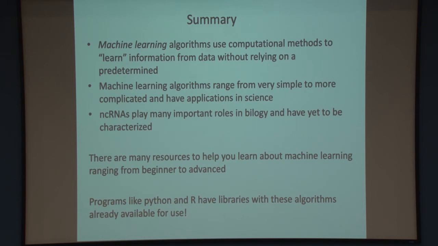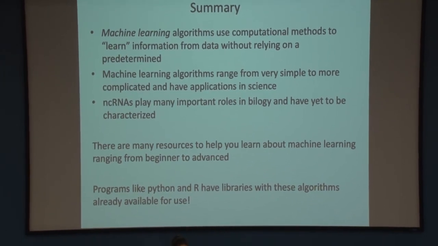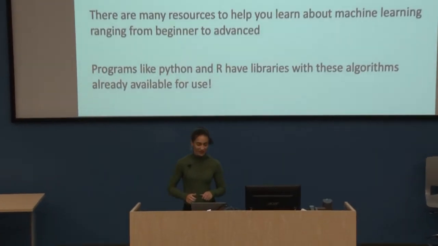There are also many resources that can help you learn about machine learning, and they range from beginner level to very advanced. There are programs like Python and R that have libraries and algorithms that are already available for you to use to apply to your data. If you find it interesting, I encourage you to explore further. And that's all I have. So thank you for listening.